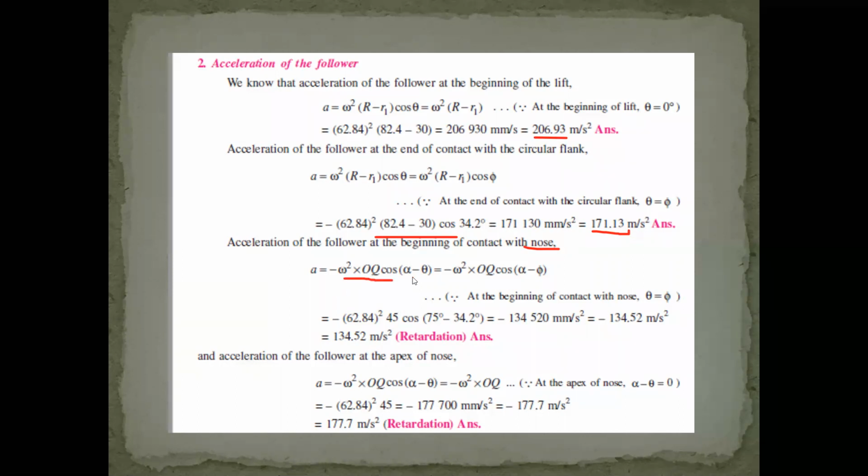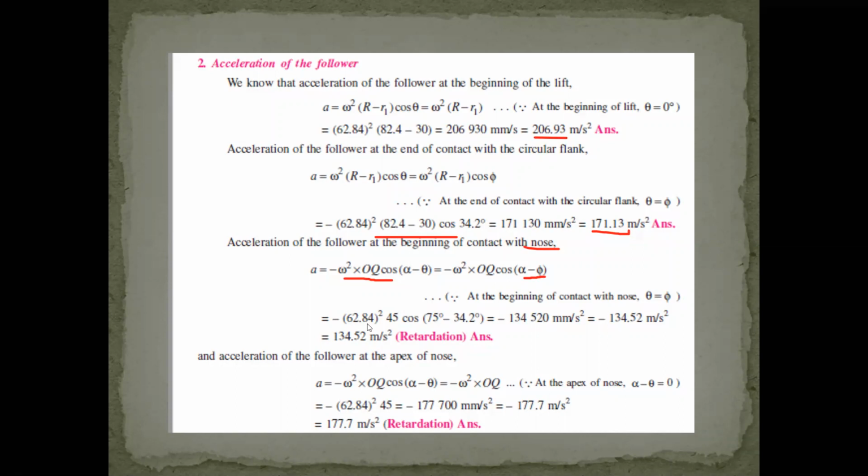At the beginning portion theta is replaced with phi, so it is minus omega square OQ cos of alpha minus phi. What does the minus indicate here? That is the retardation. So just substitute the known values here.